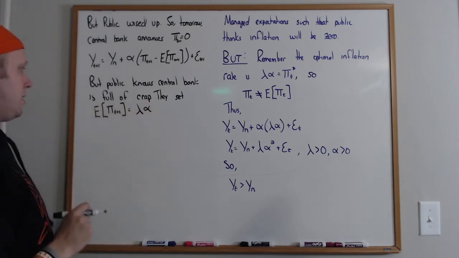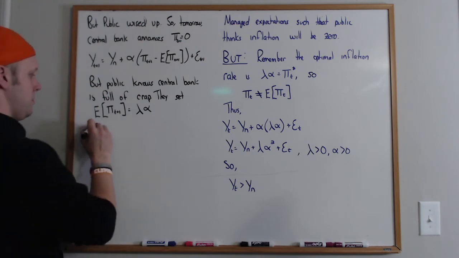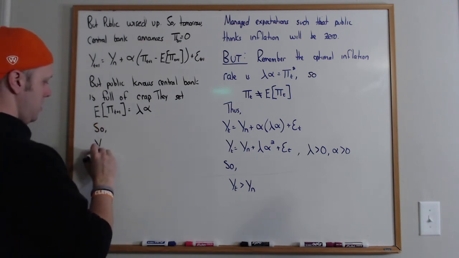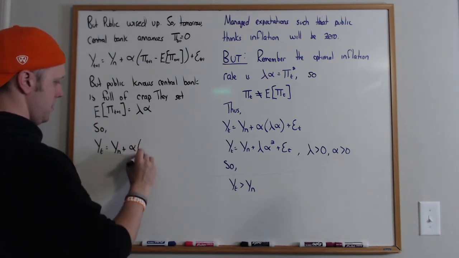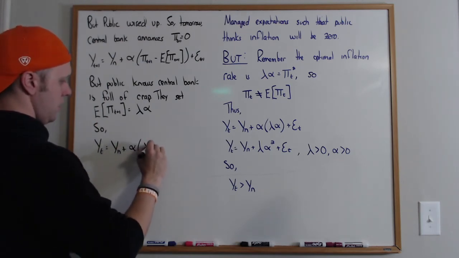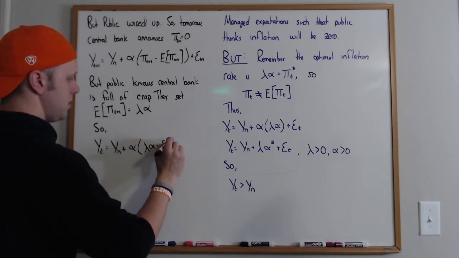They set expected inflation equal to lambda times alpha. So when we look at the Phillips curve, we get what actual inflation is, and we subtract out what expected inflation is, right?